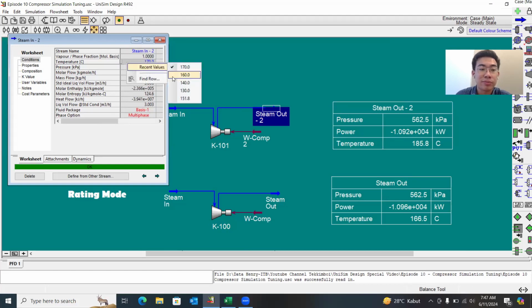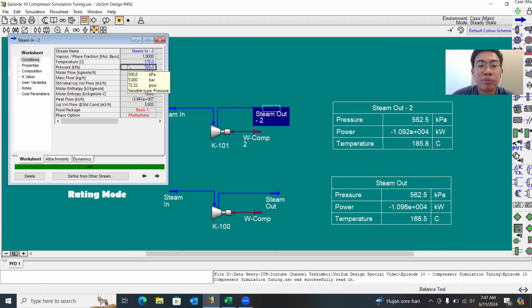And it also affects the power. You see that the value is changing. Okay, so this is the simulation mode.